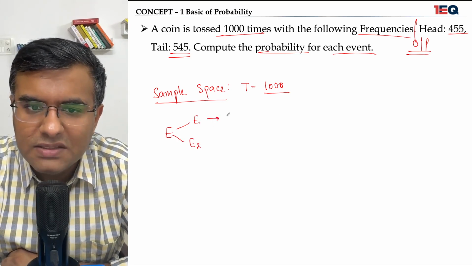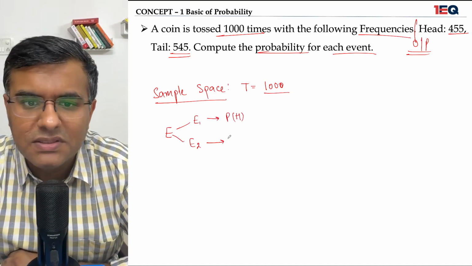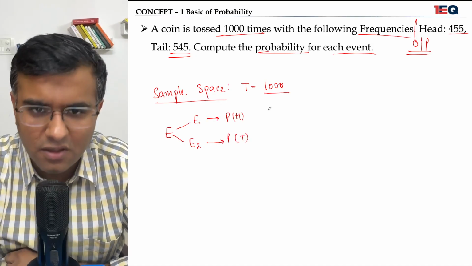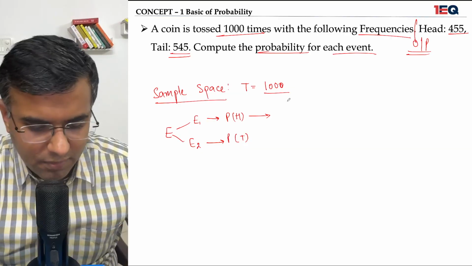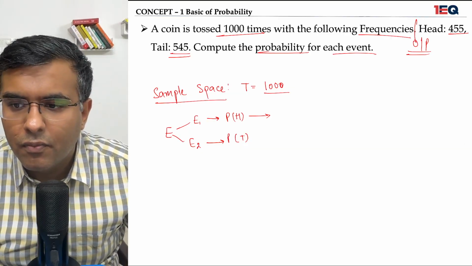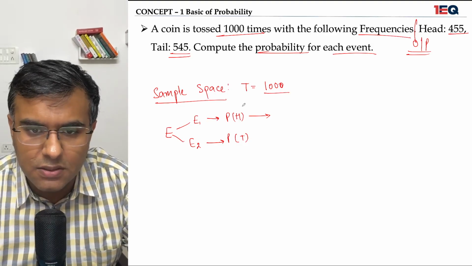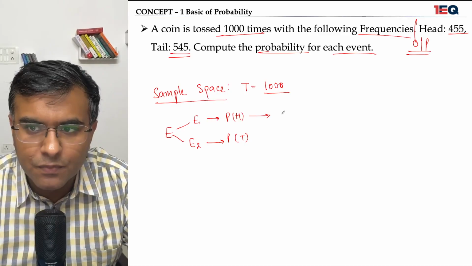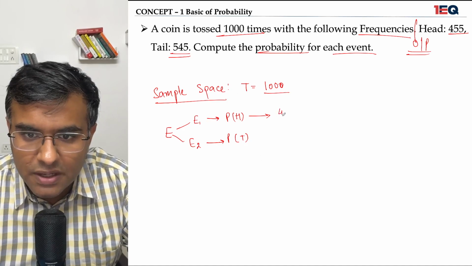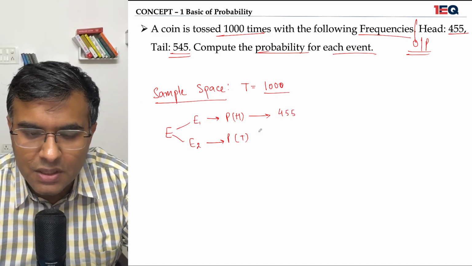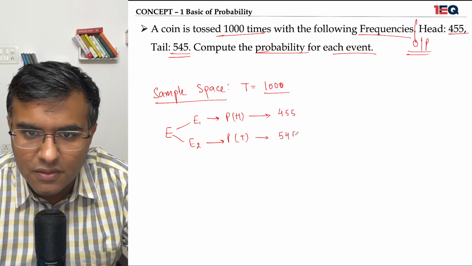Assuming that event 1 is the occurrence of heads, the probability of heads needs to be found out. Event 2 is tails, so the probability of tails needs to be found out. For the probability of heads, first we check the number of times heads has come, which is 455 times, and the number of times tails has come, which is 545 times.